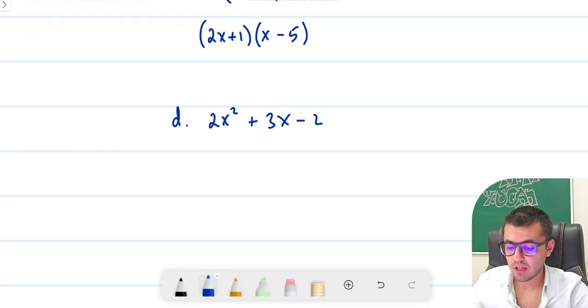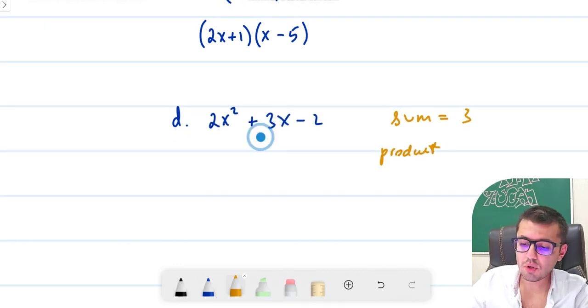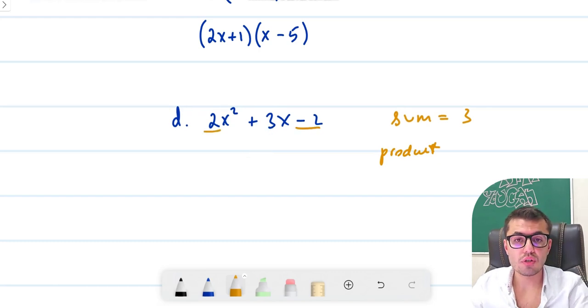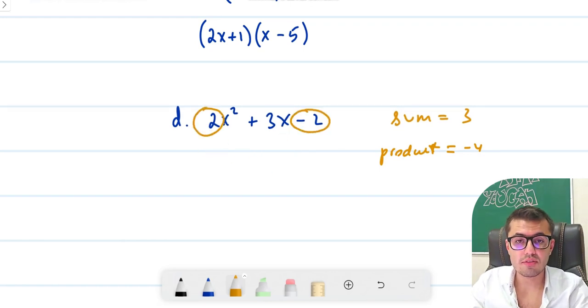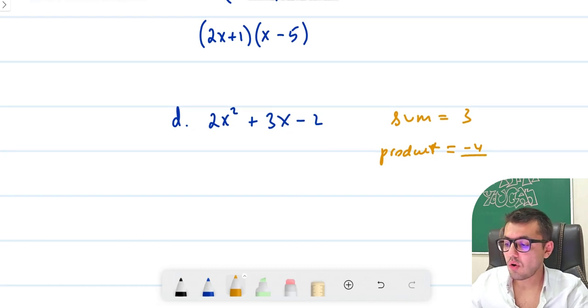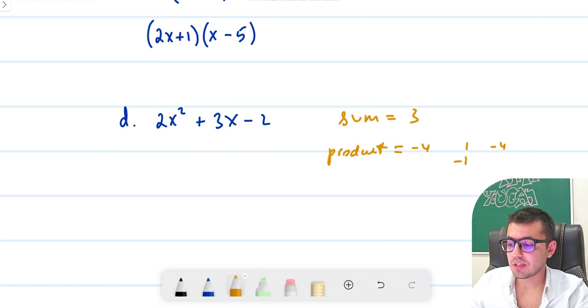Okay, so you say that the sum is this number, and the product is the multiplication of these two numbers. So it's -4. Take care about the signs as well. If you have a negative times positive, you will get negative. List all the pairs that will get -4 as a product. So it's 1 times -4, -1 times 4, 2 times -2, and actually -2 times 2, but it doesn't matter, right?